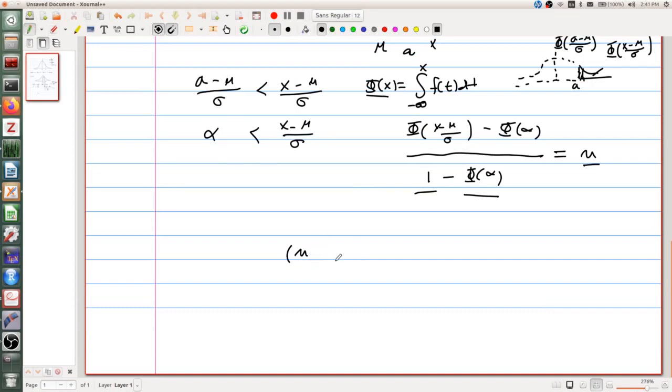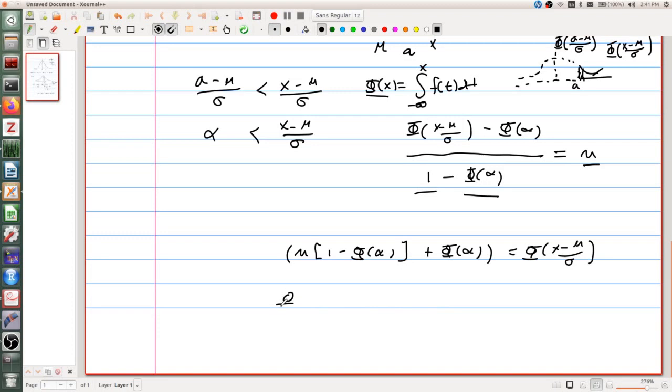The goal is to solve for x, our random number, from a truncated normal distribution.